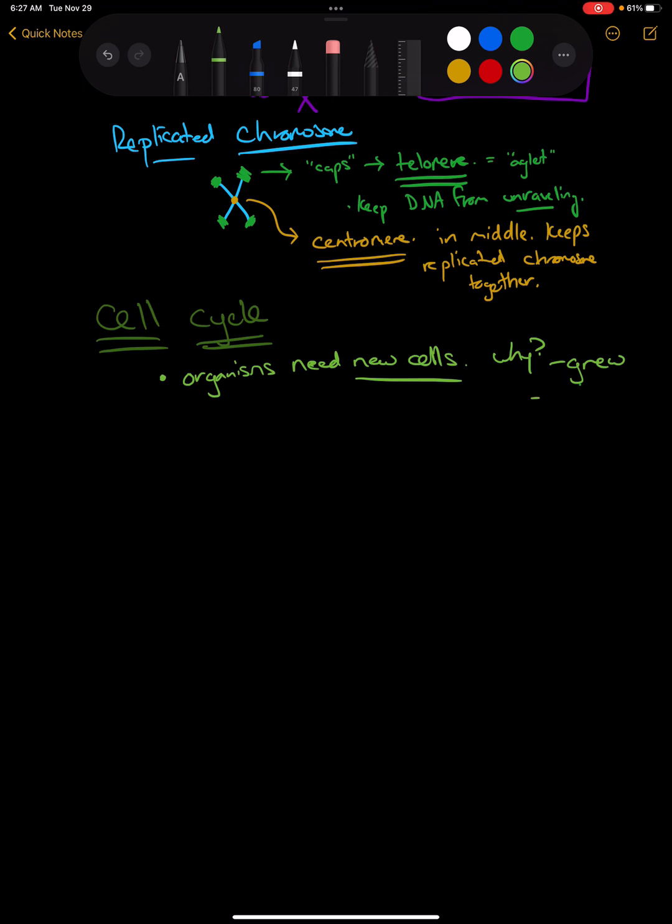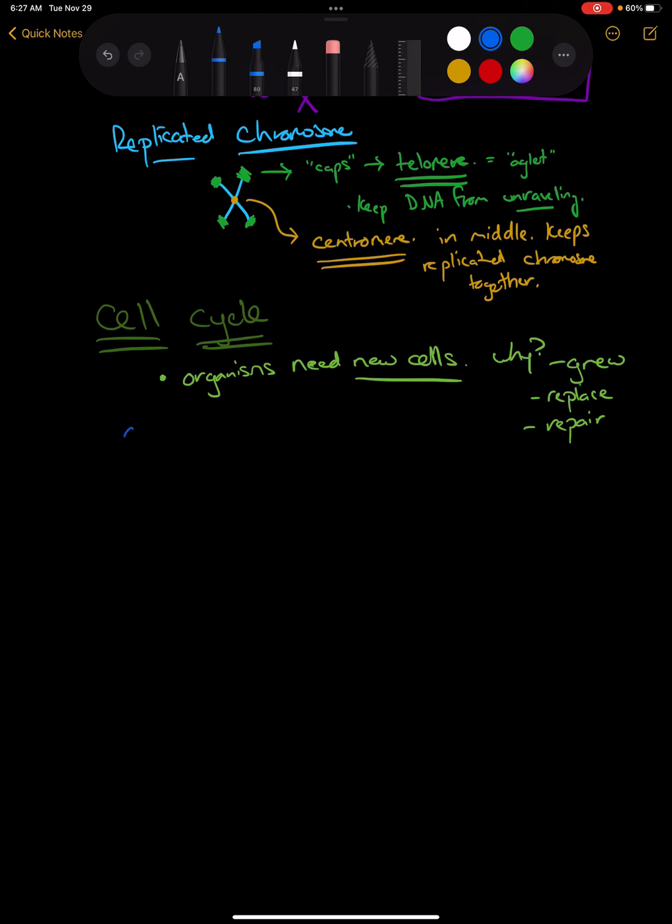We've all fallen off of a bike before, or scraped our knee or something. So we do have to replace cells at some point during our lifespan, and we also have to repair cells at some point. And so that's why my cells will go through a cell cycle, right?